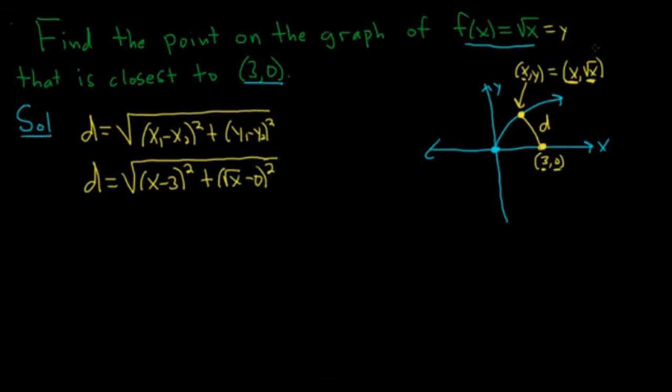If you had any function, it does not matter what it is, you would just write x minus the number they give you, and then the function minus the y value.